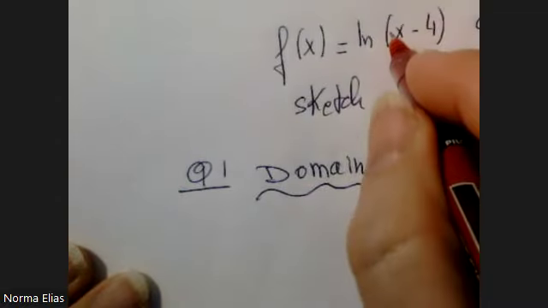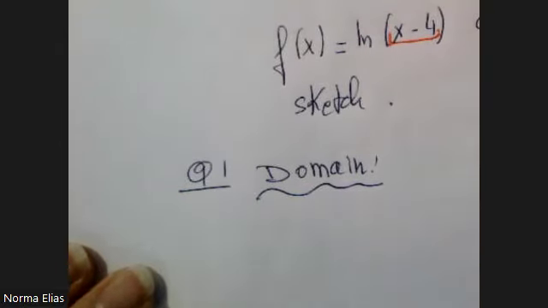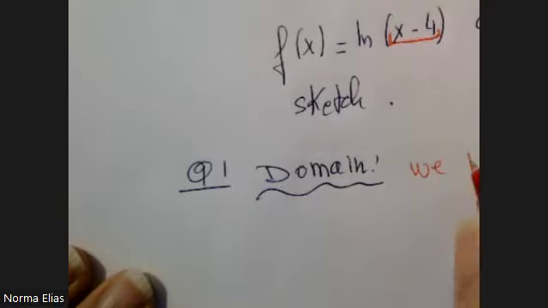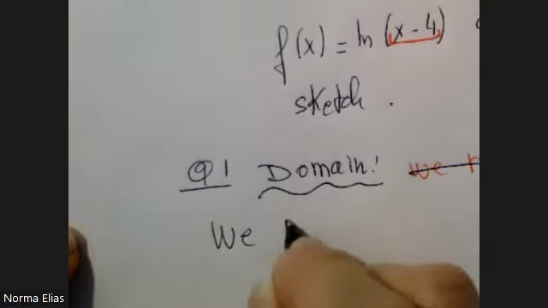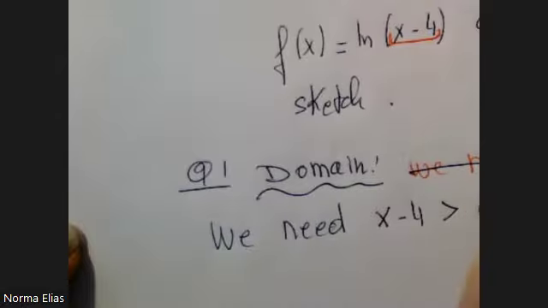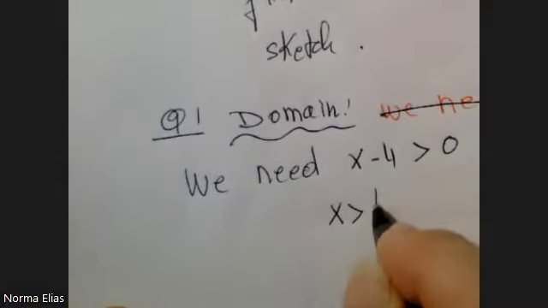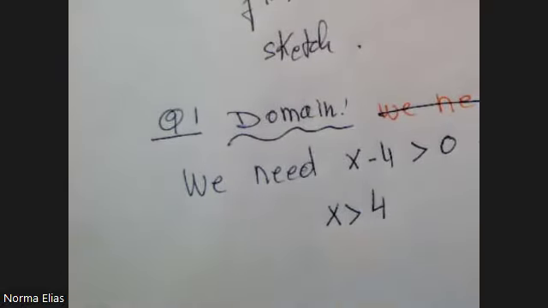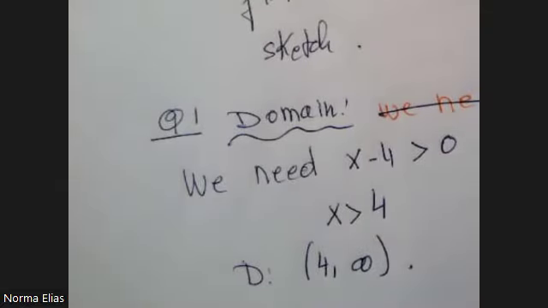Do you agree with Ryan? I need the input to be bigger than 4. So we need x minus 4 to be strictly positive. It means I need x to be strictly larger than 4. So the domain is 4 to plus infinity.